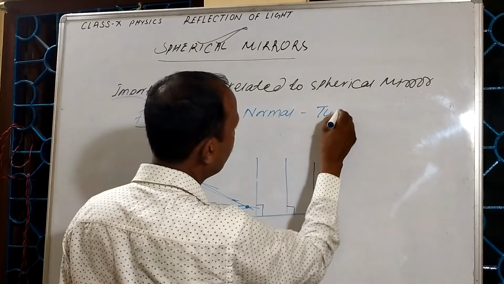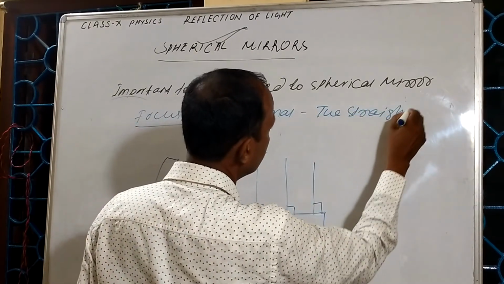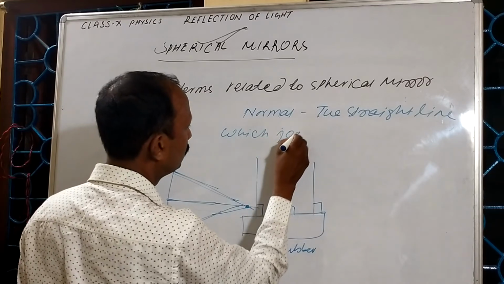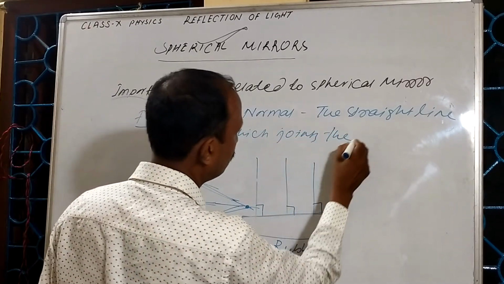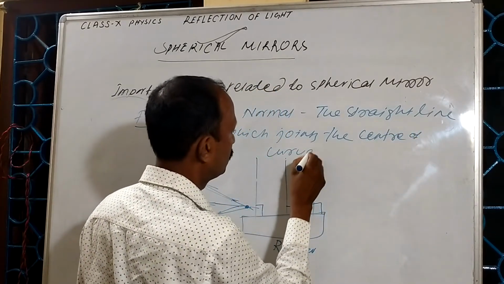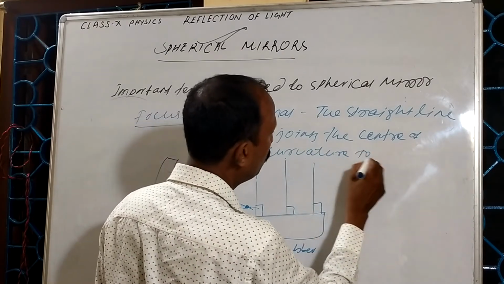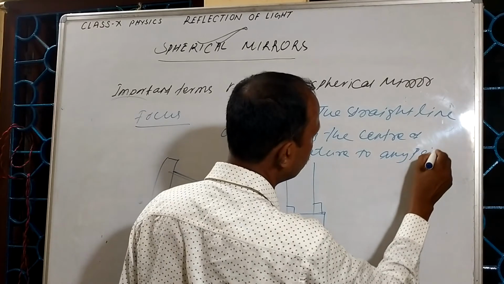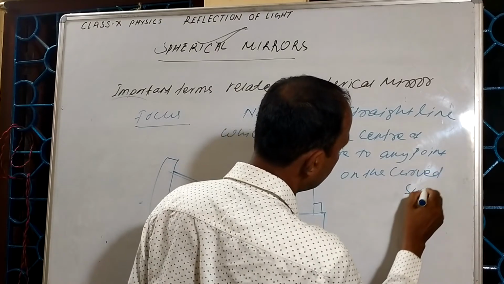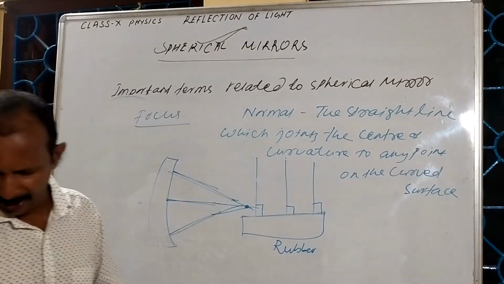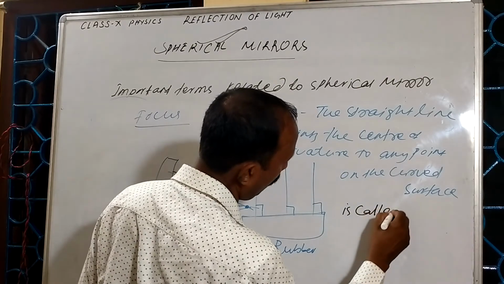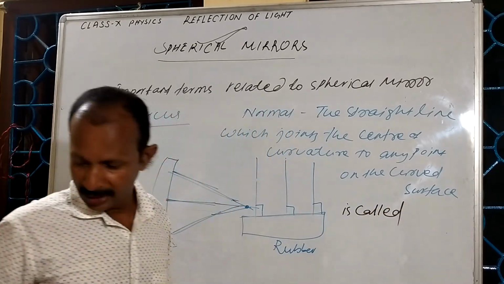Normal. The straight line which joins the center of curvature to any point on the curved surface is called the normal.